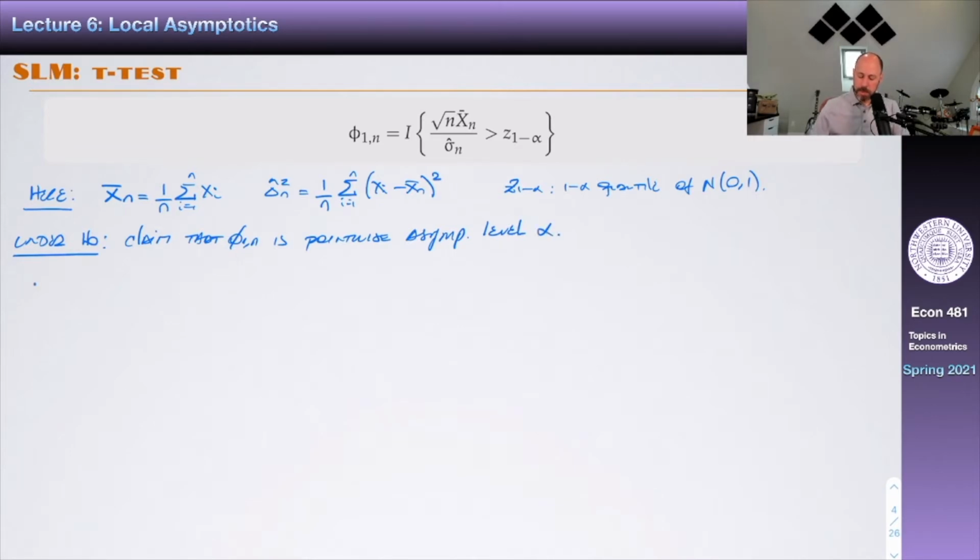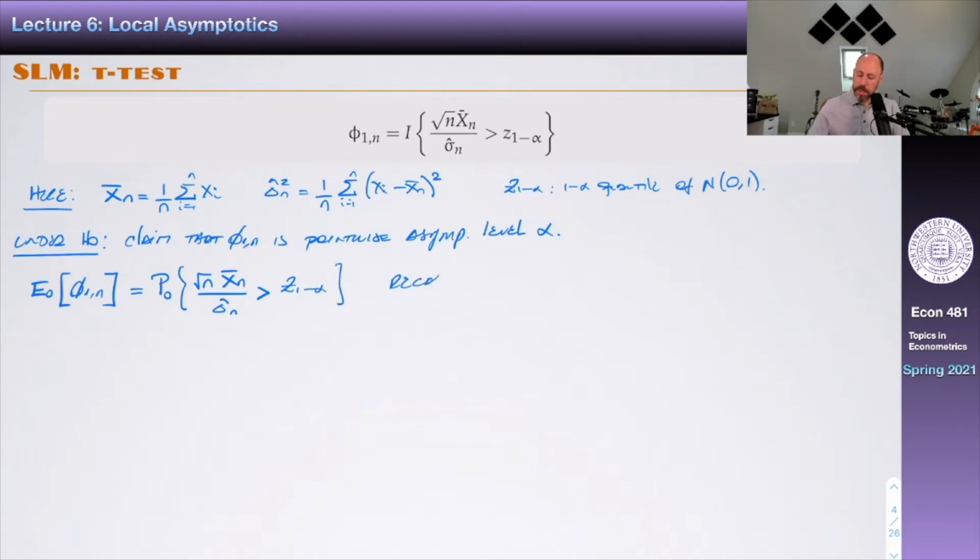So to do this, we compute the expected value under the null of this test, which is just the probability under the null that square root n x bar divided by sigma hat n is greater than z1 minus alpha.